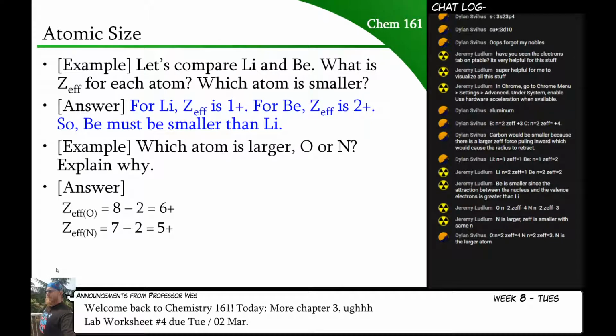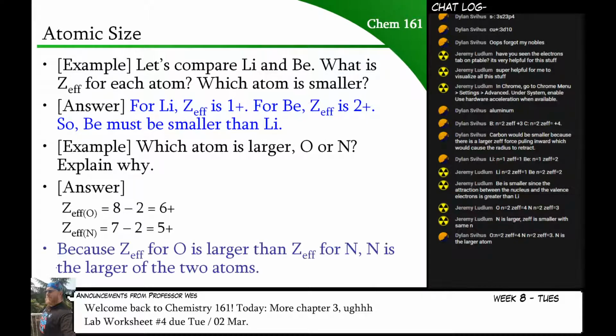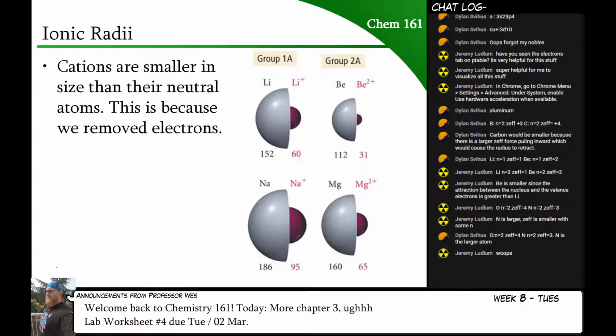Next, we're going to talk about ionic radius. How does the radius change if you add or remove electrons? Well, it changes a lot, it turns out. And we can explain this by looking at Z effective for cations pretty easily. So let's look at lithium versus lithium plus. We're going to look at the electrons on the outermost layer that is available.